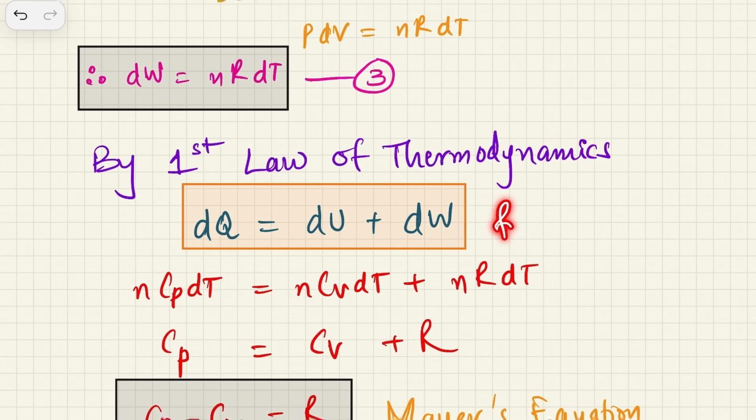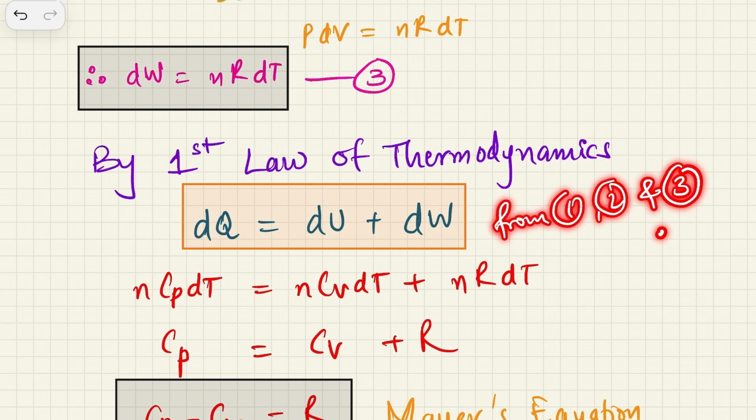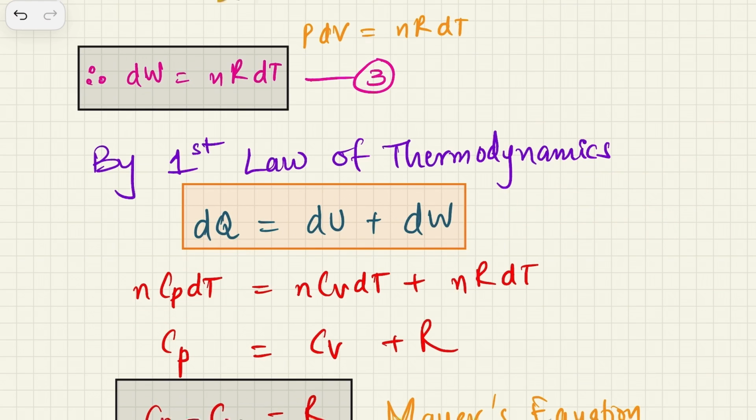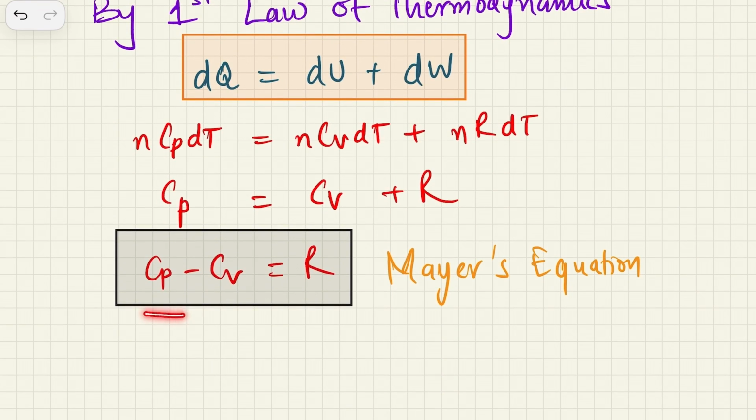Now from 1, 2 and 3, we'll put all the values into this particular equation. So dq is n Cp dt, du is n Cv dt, and dw is nR dt. Now I can see that dt is in each term, so I can cancel dt and n. What remains is Cp is equal to Cv plus R, which gives me Cp minus Cv is equal to R, which is Mayer's equation.